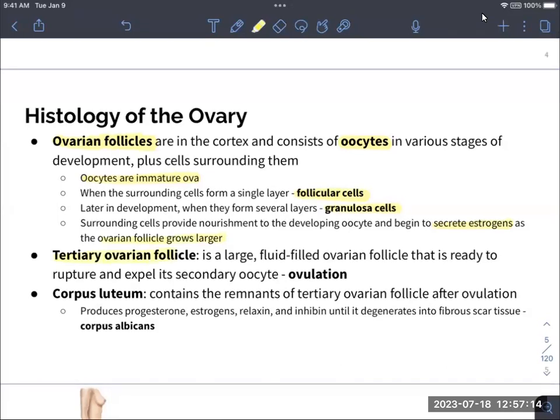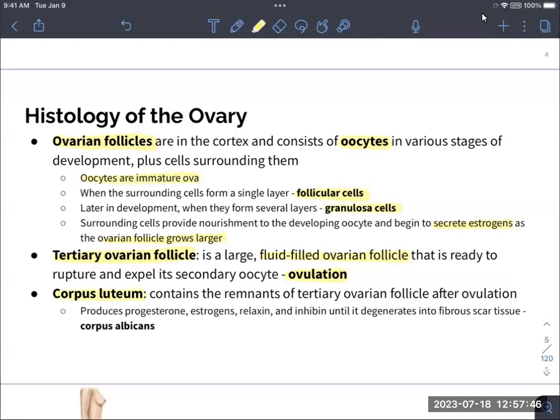The tertiary ovarian follicle, this is a very large, fluid-filled ovarian follicle. This is one that we are ready to expel, get rid of during ovulation. The tertiary ovarian follicle is now at a stage where it is ready to be released out of that ovary. The corpus luteum, this is what is left after ovulation.